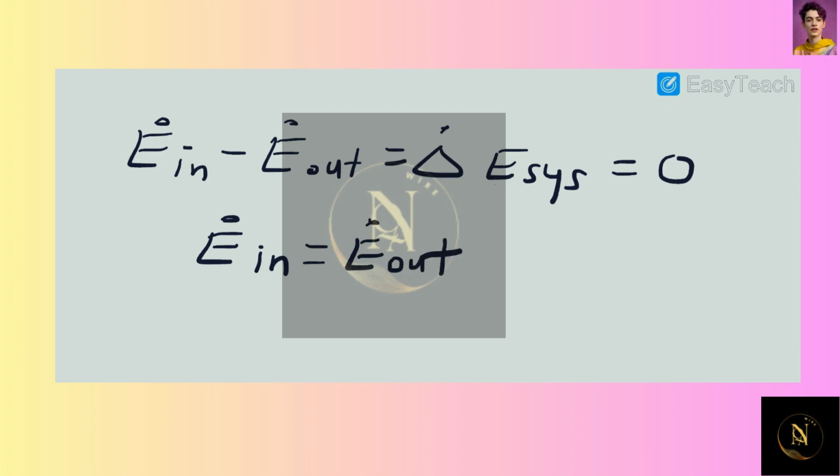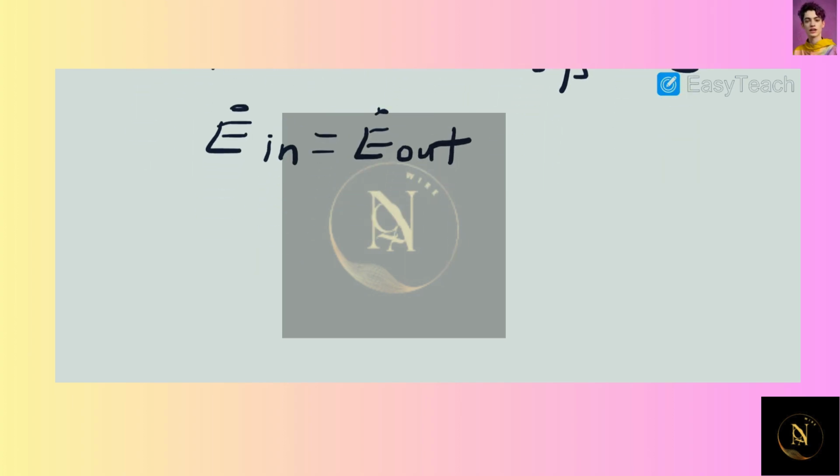Now we can break this apart into its constituents. We can say that this is going to be equal to the electrical work that's coming in plus the enthalpy coming in is going to be equal to the enthalpy leaving.